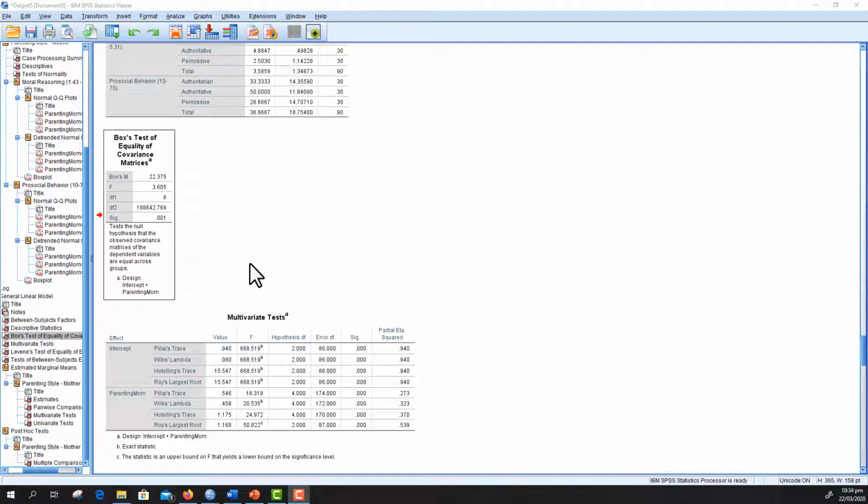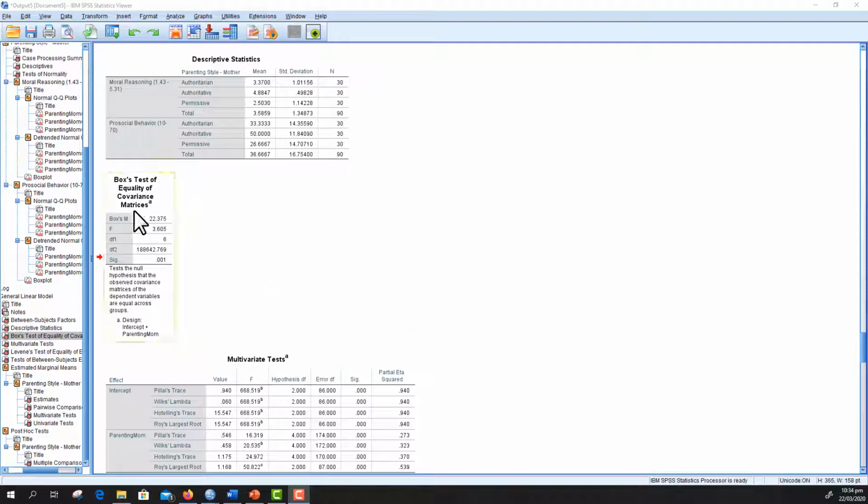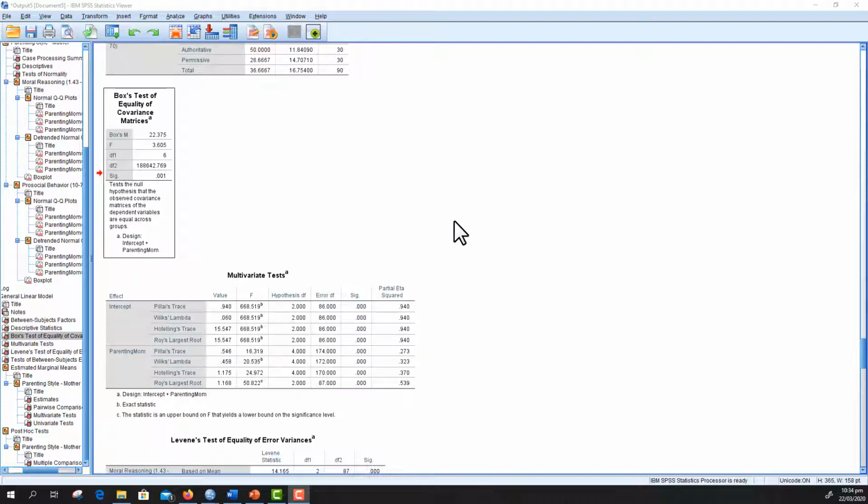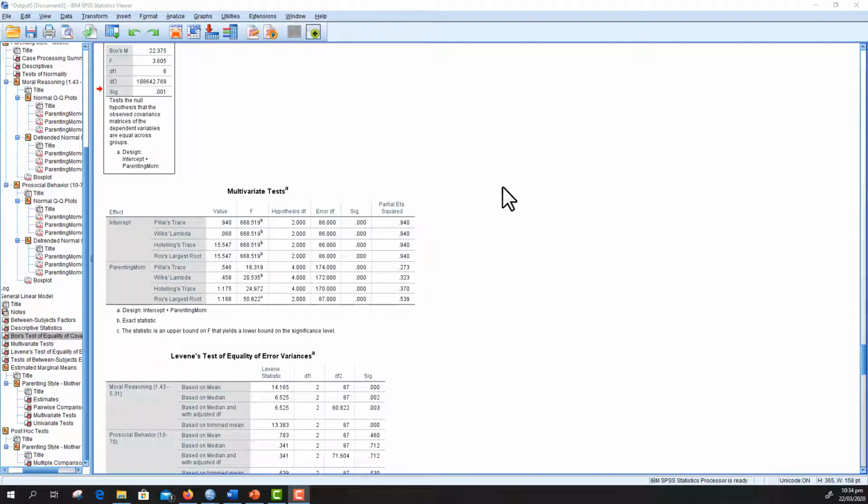So, given that we have the same sample sizes, even if the assumption of homogeneity of variances and covariances was violated, we can still proceed with the MANOVA. Now, let's move on to the main analysis.